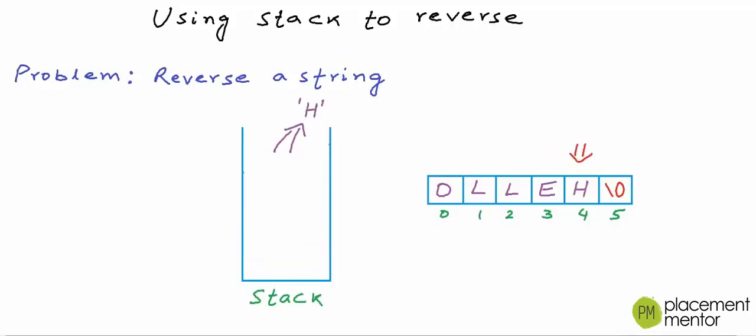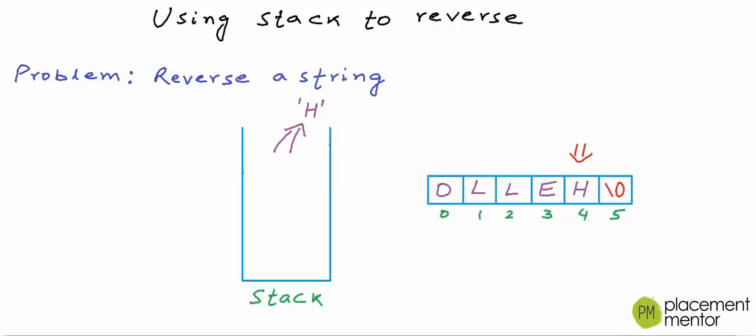So all the positions in the character array will be overwritten. So finally we have reversed our string here. In a stack, whatever goes in last comes out first. So if we push a bunch of items onto a stack, and once all items are pushed, we start popping, we will get the items in reverse order. First item pushed onto the stack will come out last.